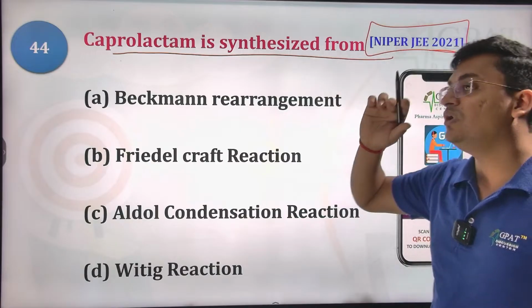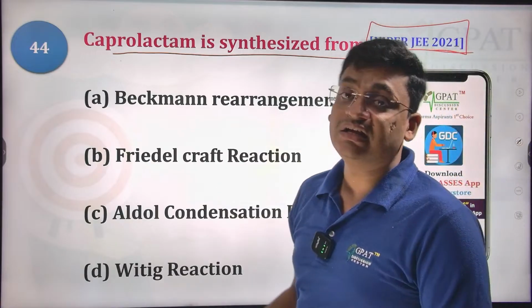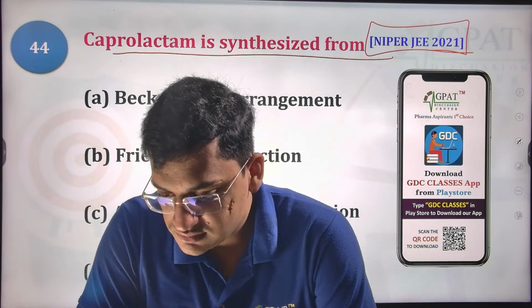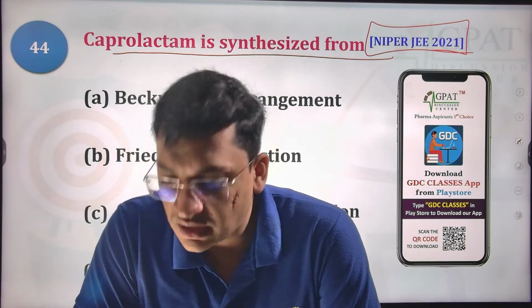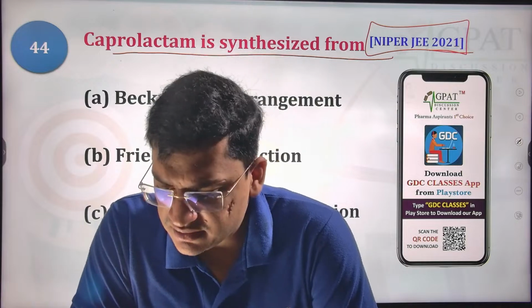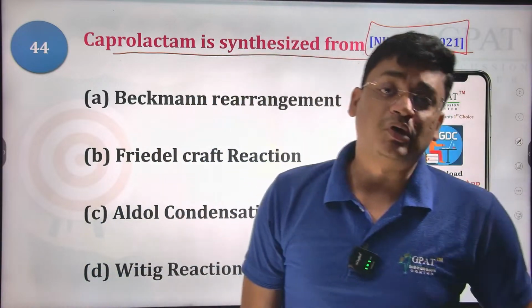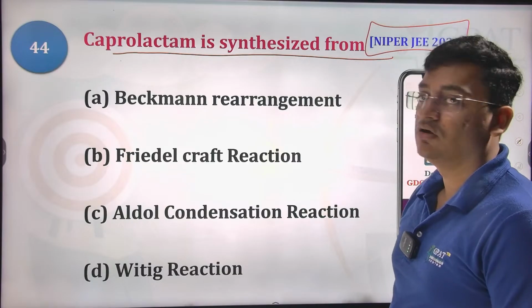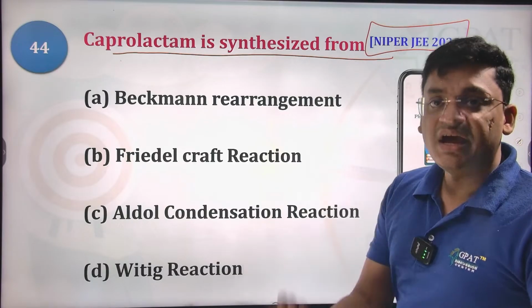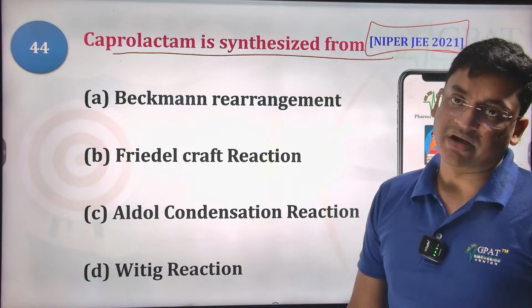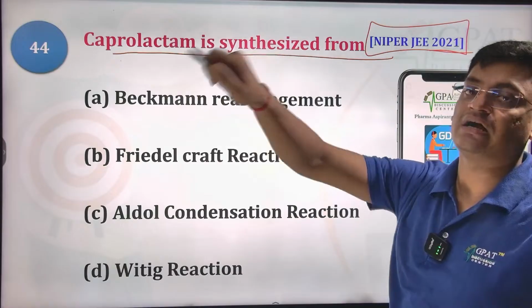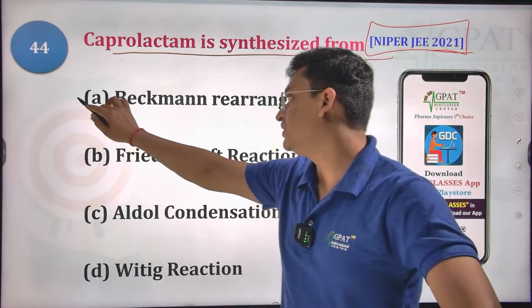Now, this caprolactam ring is also known as a cyclic amide. This cyclic amide is possible only when we rearrange the oxime into amide, and the conversion of this oxime into amide, that is also known as caprolactam, is possible because of the Beckmann rearrangement.